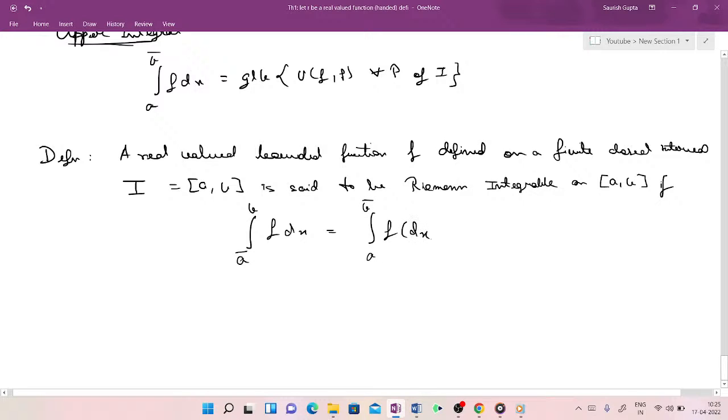Clear? That is, the lower integral equals the upper integral. Got it?